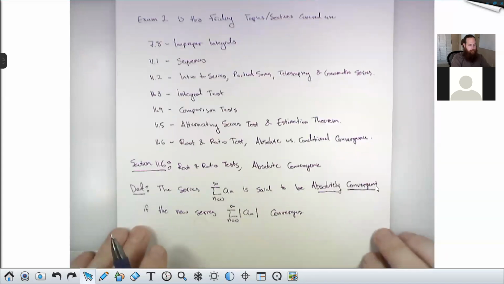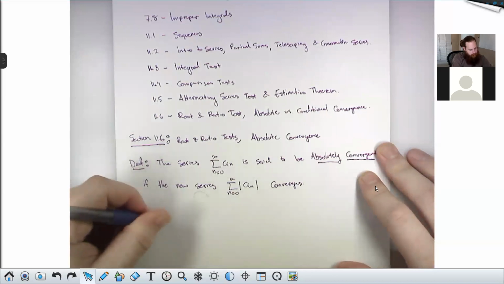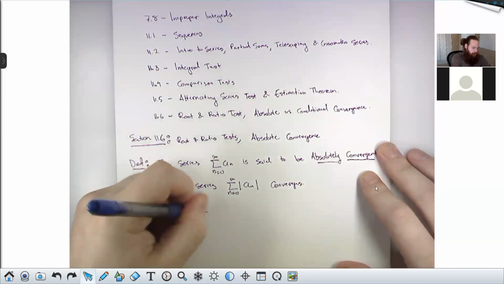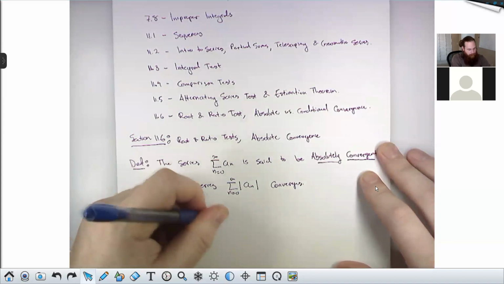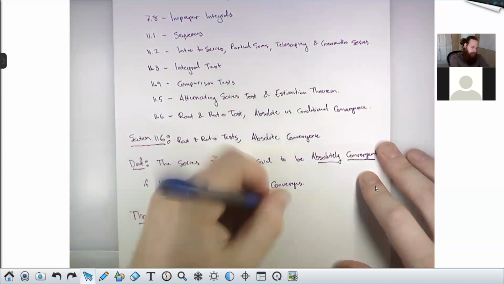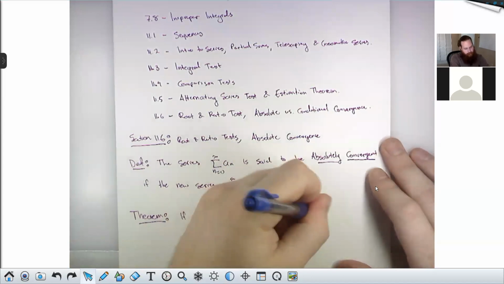There is a theorem that says if the absolute value series converges, so does the original.